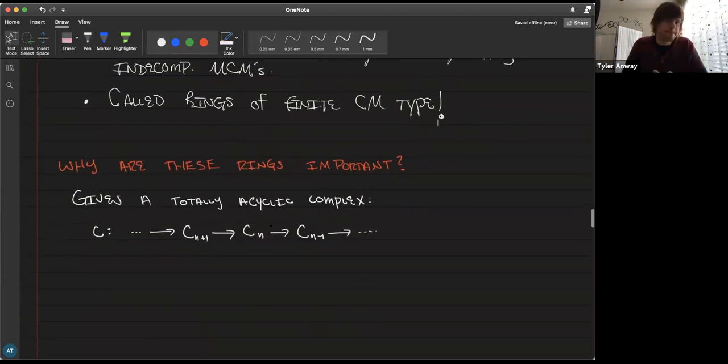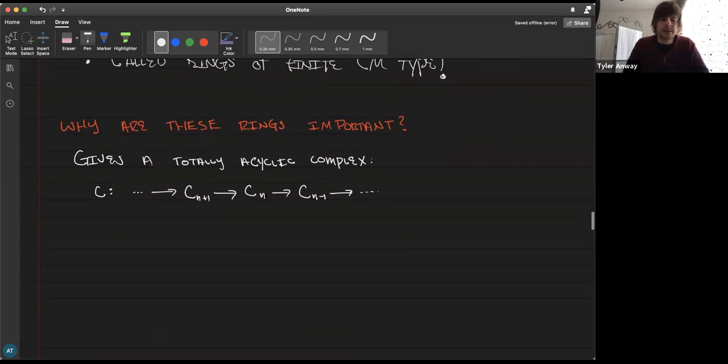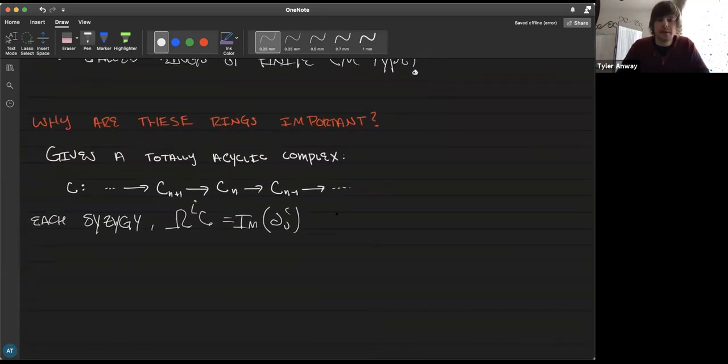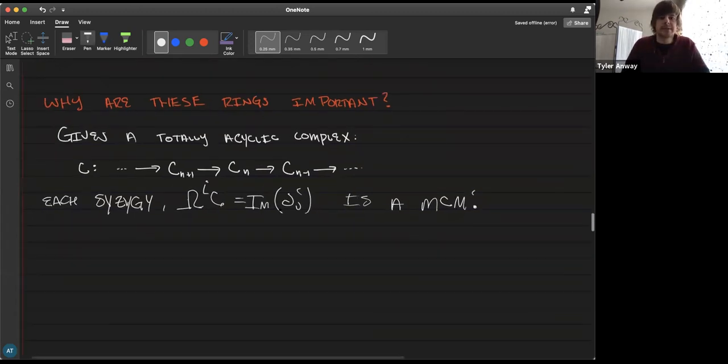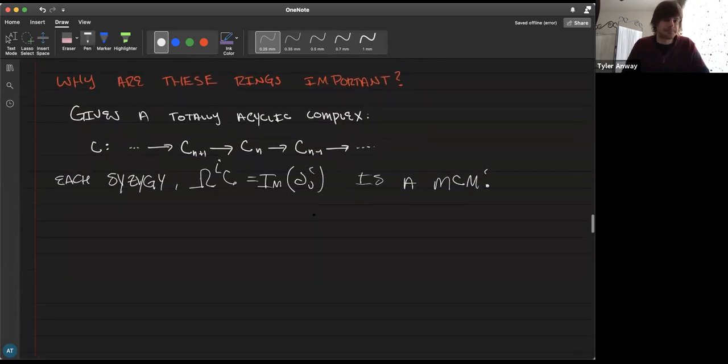Well, there's a fact that given a totally acyclic complex, we know that each syzygy is a maximal Cohen-Macaulay module, right? So for any totally acyclic complex, this is a maximal Cohen-Macaulay module.